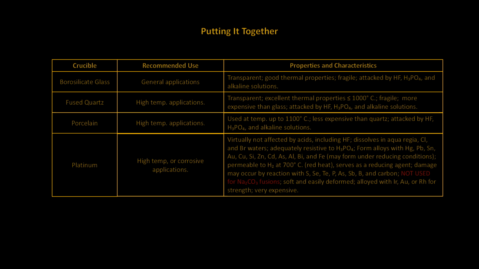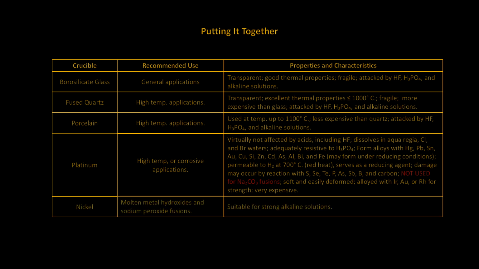Platinum crucibles can be easily damaged as they are soft physically and thus easily deformed, and therefore must be handled with care. The manufacturer usually alloys these crucibles with iridium, gold, or ruthenium in order to give them some structural strength. Last of all, they are very expensive and should be recycled for precious metal recovery at end of life.